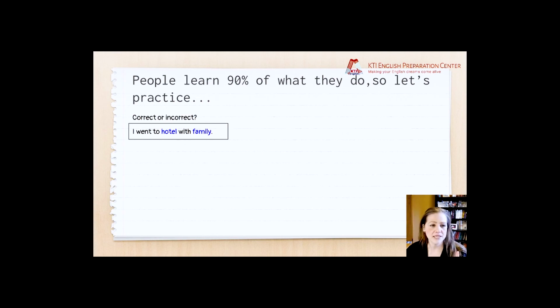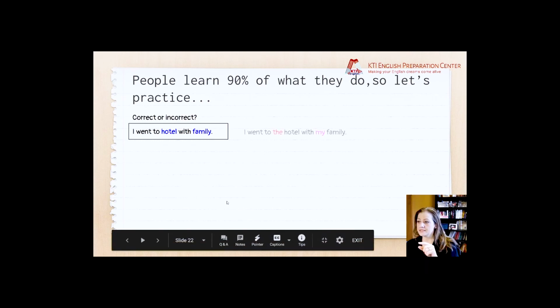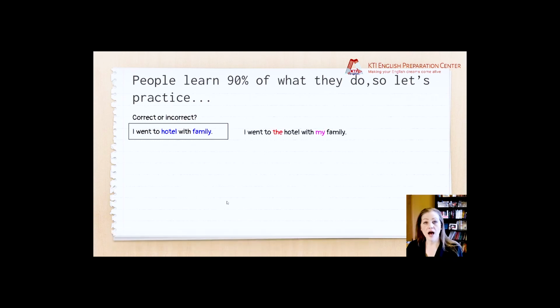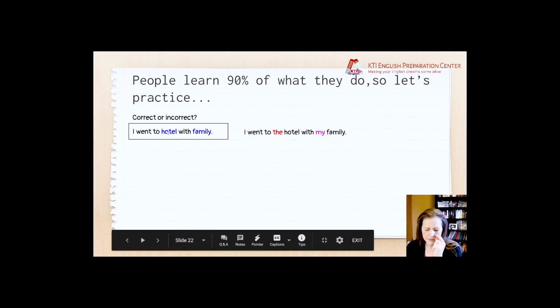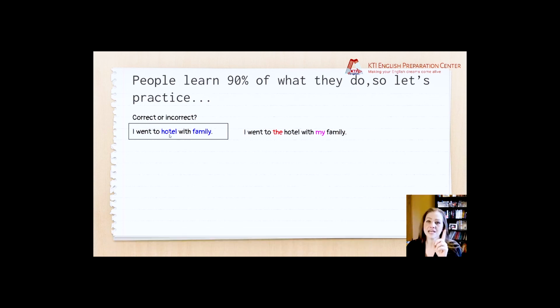One of my students said the other day, "I went to hotel with family." So obviously I corrected that student and said we have to add the determiners here. So, I went to the hotel. Hotel is the blue noun here, and it's singular, so we have to have a determiner.